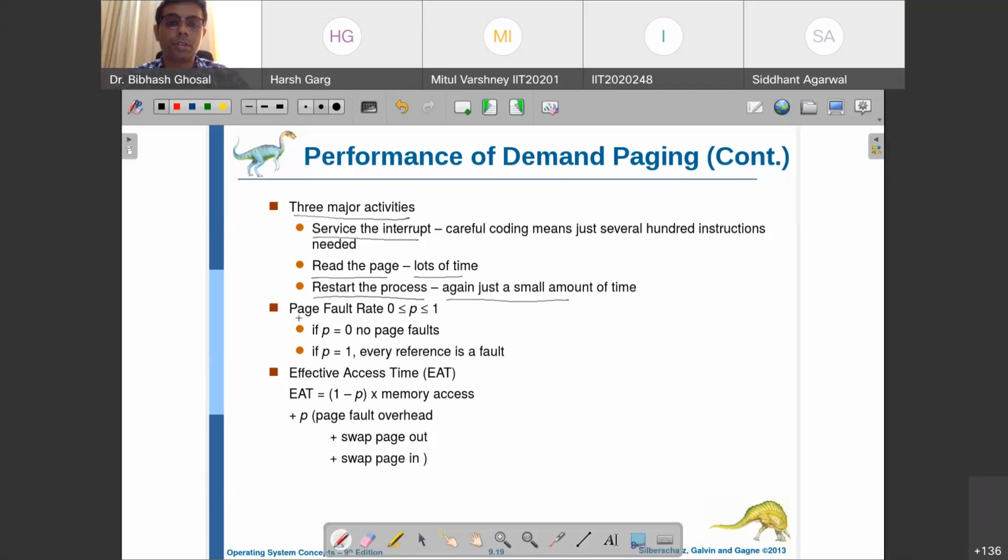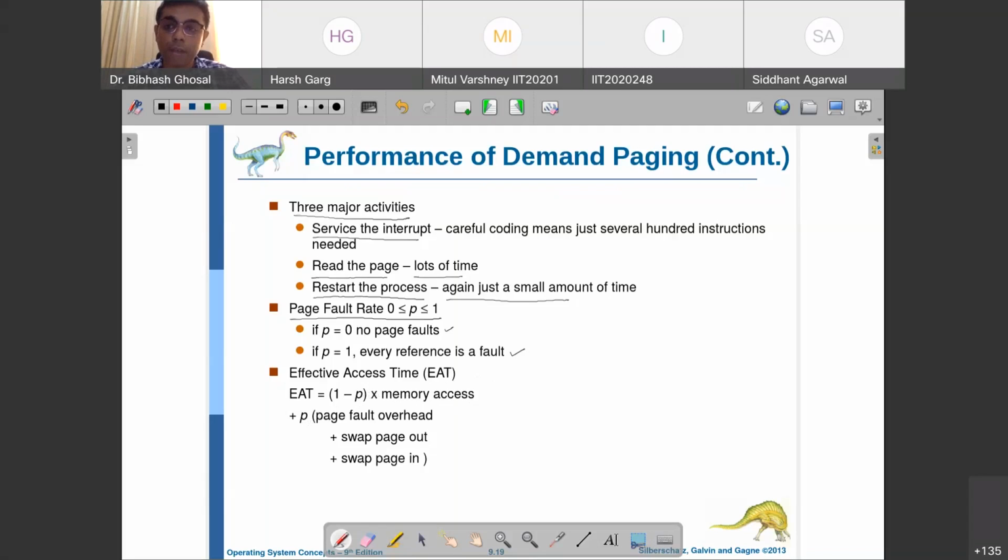Look at this. The page fault rate is how frequently you get page faults. Let P be the rate. P equal to 0 means no page faults, and 1 means every reference is a page fault. It's like the minimum probability and the maximum probability. So what is the effective time spent in handling page faults? It's (1 minus P) times memory access time, where 1 minus P is the rate of no page fault.